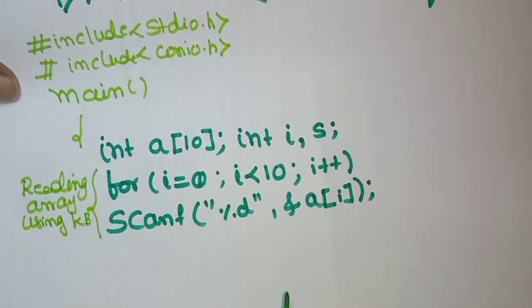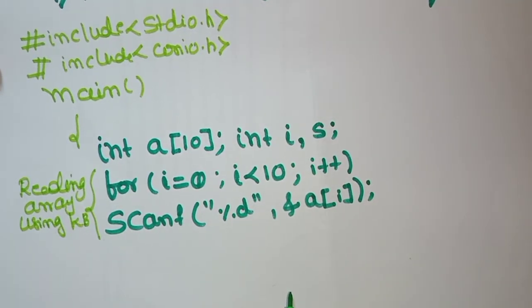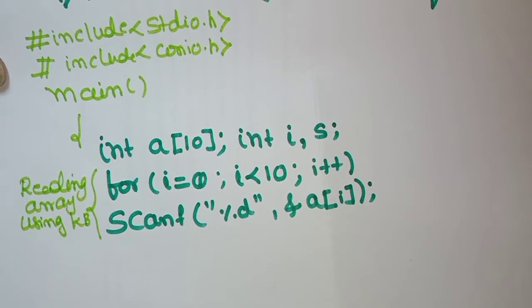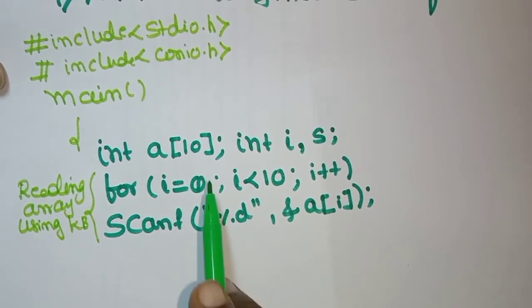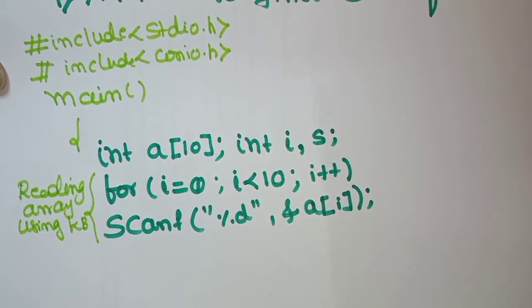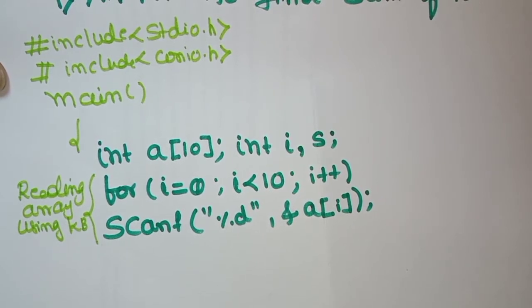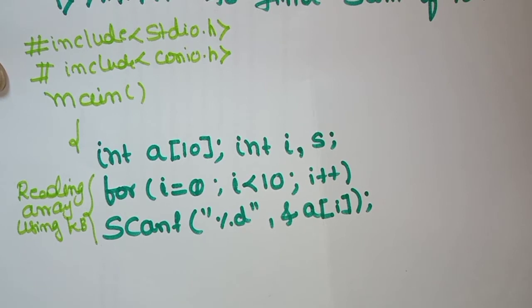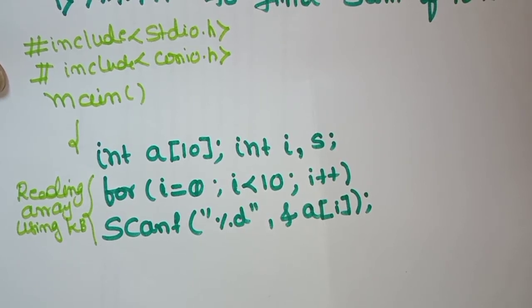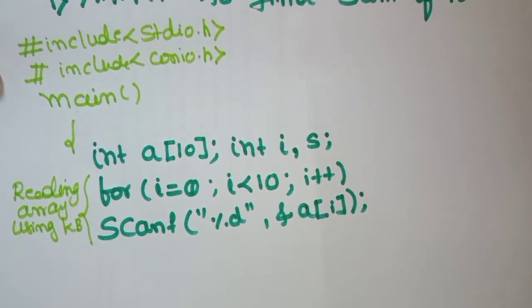Here you may ask the question, ma'am, can we assign the values? You can assign, no problem, but writing 10 numbers is somewhat okay, but it is very difficult with more numbers. That is why reading the data from the keyboard is good practice to write the program.